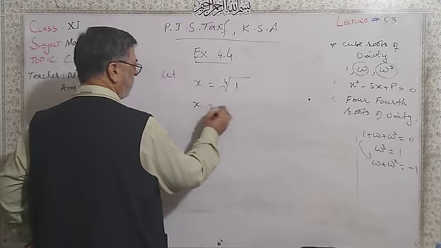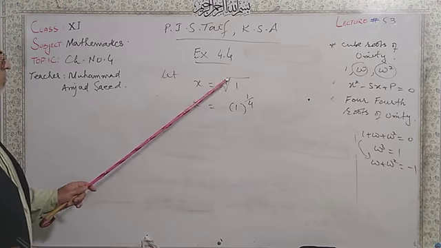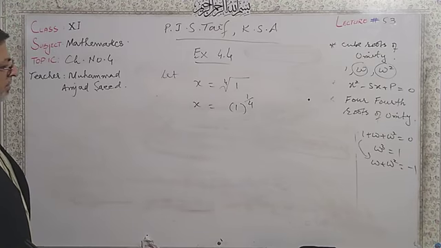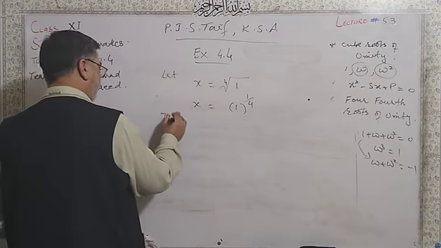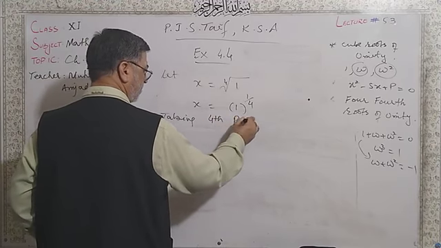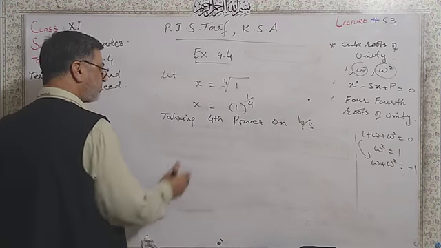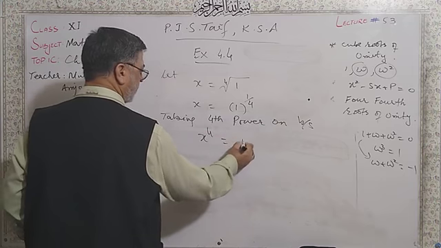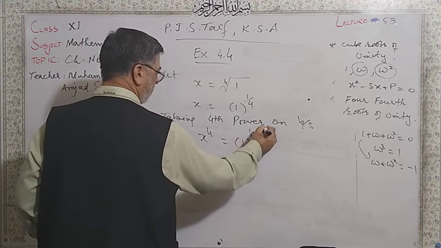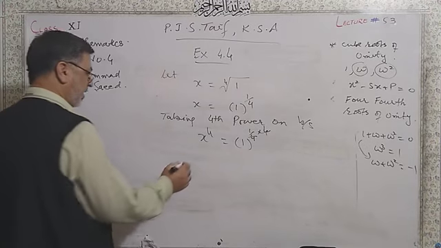And you know that this will be x is equal to 1 power 1 over 4. Taking fourth power on both sides, x to the power 4 is equal to, you know that on both sides we have fourth power and they are cancelled out.